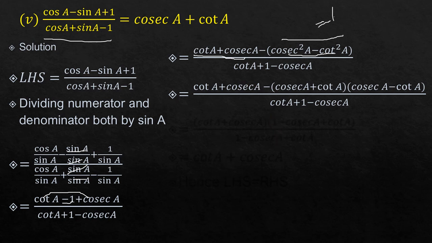Okay students, now see here, you see that this cot A plus cosecant A is common in these two terms. Here it is also, here it is also. So what you get?